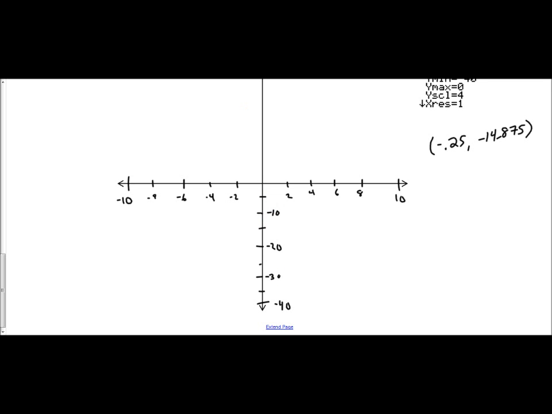So my vertex is negative 0.25, negative 14.875. Here's negative 15, so negative 14.875 is right here, and I'm going to put my vertex. Now to go down, we can realize our y-intercept was negative 15.